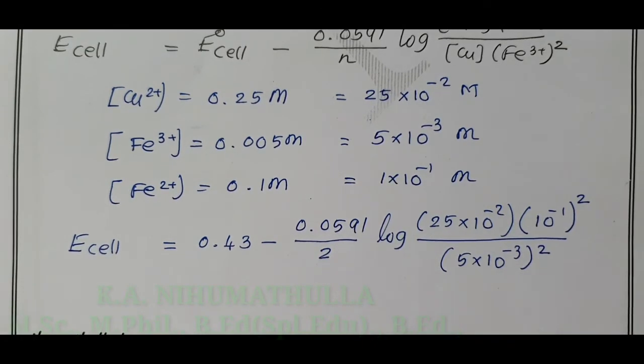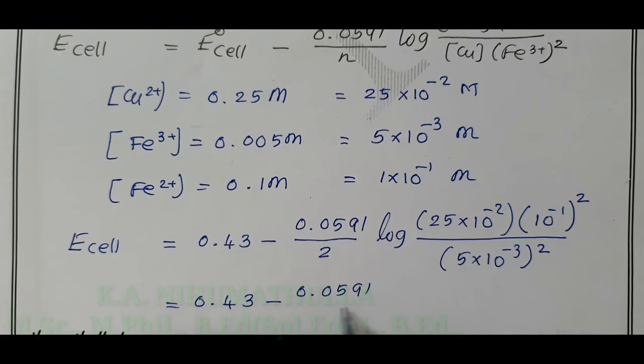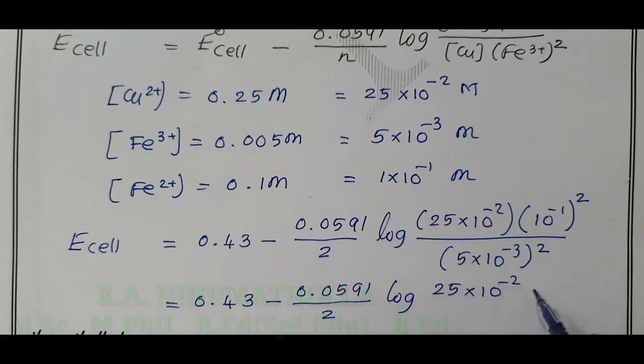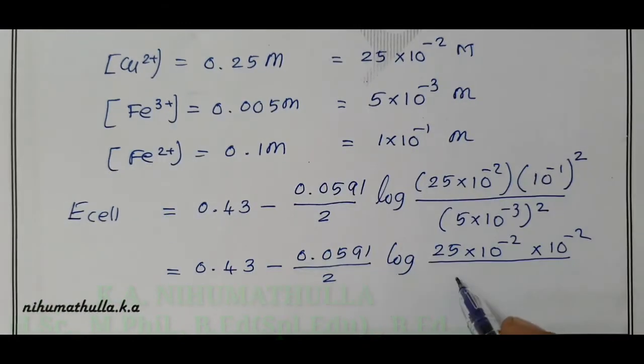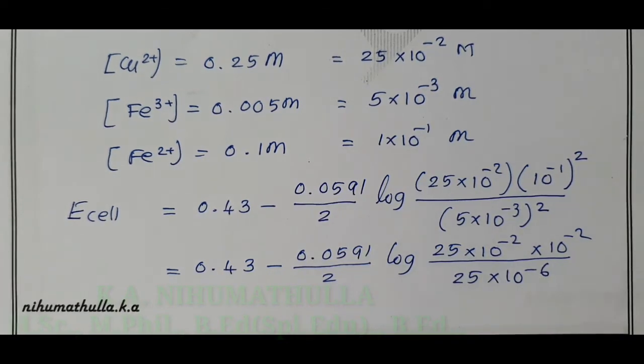So that is 0.43 minus 0.0591 by 2 times log of 25 into 10 power minus 2 into 10 power minus 2, divided by 5 squared, which is 25 into 10 power minus 6.